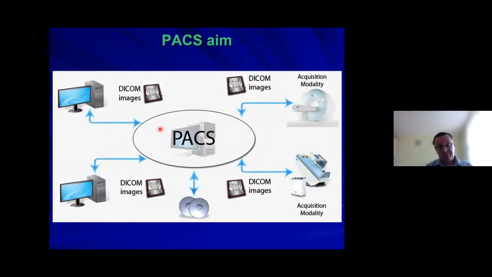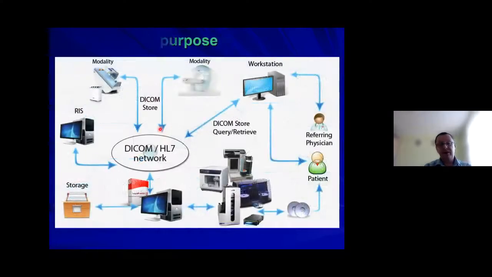So when we talk about usage of PACS, we talk about integration of all possible kinds of medical images into a single networking system and providing access for physicians, creating electronic archives, and even management and analysis of images.